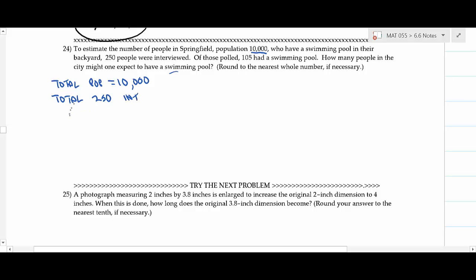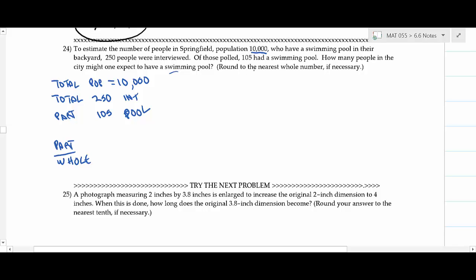Out of that 250, which is kind of like a part, 105 had a swimming pool. So lots of times, not always, if you've got 3 numbers and you're trying to find a 4th number and they're related to each other in some way, you have a proportion. And with a proportion you're relating a part to a whole, is the way I look at it.